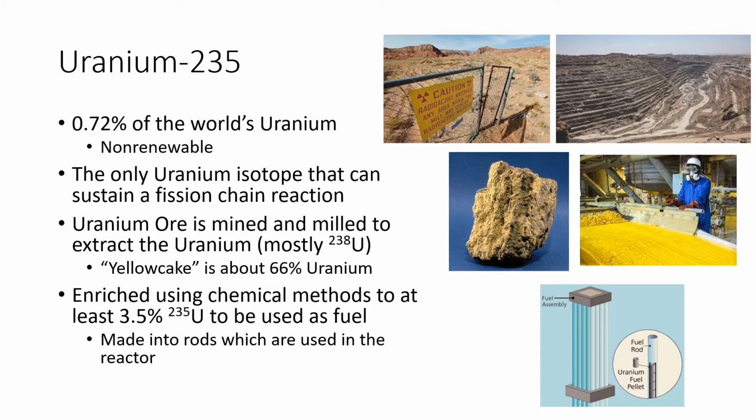And then we take that and we enrich it using chemical methods to get the amount of 235 to increase. So it goes maybe from like 0.7% 235, and in nuclear energy we need it to get up to at least 3.5%. Once we do that, we put it into these little pellets and put them into rods, and that assembly is what we use in nuclear power. We put it into a reactor.